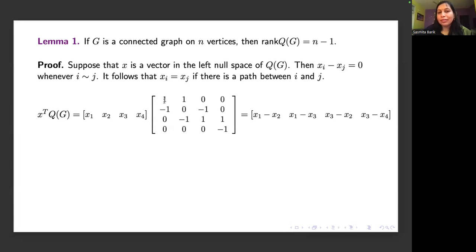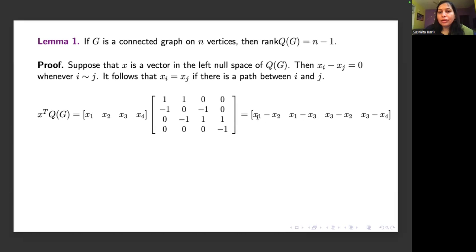This was the starting vertex and this was the ending vertex. So when I multiply, I'll get x1 minus x2 there. Similarly, in this column, I'll get x1 minus x3. And since this vector is in the left null space, this quantity will be 0.